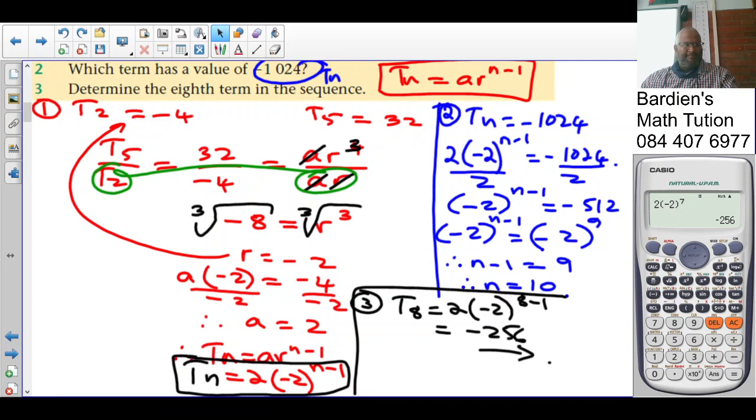Right, you guys ready? So for T3, it's going to be 5x plus 3 over 2x minus 6 equals 2x minus 6 over x minus 6. So what do I do now?